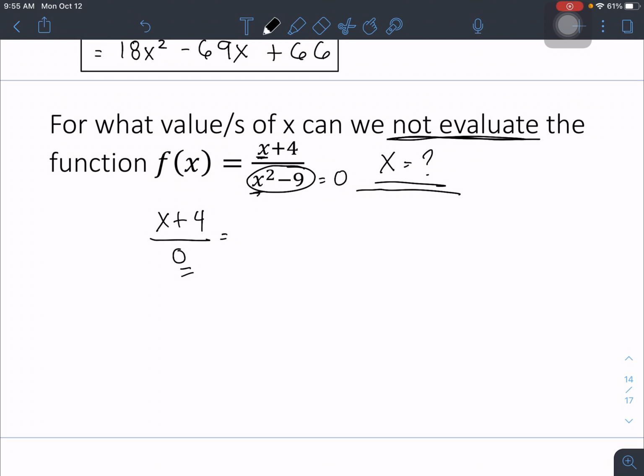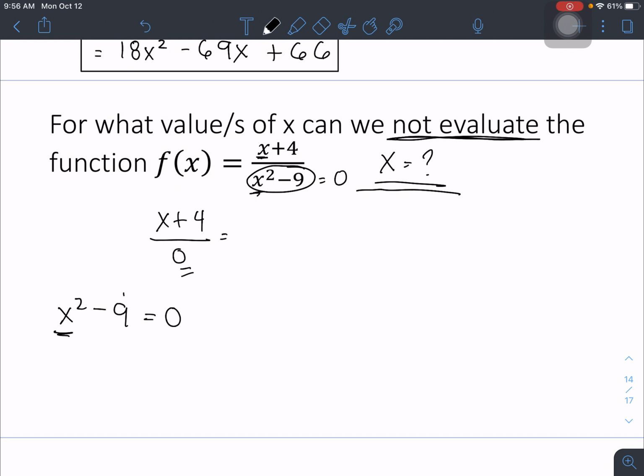So with that, we just need to use the denominator. It is wherein x squared minus 9 will be equal to 0. When x squared minus 9 is equal to 0, then the denominator here will be 0, then we cannot evaluate the function.